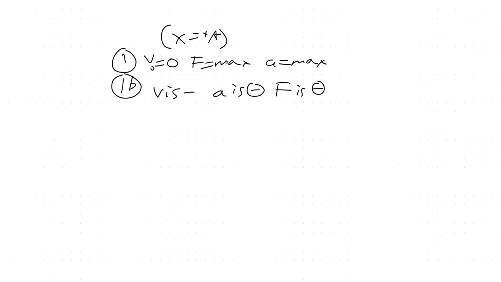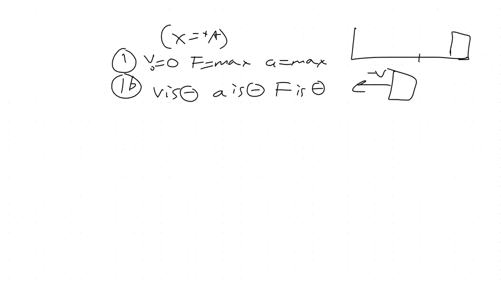We have a negative velocity, and this is here, sorry, x is positive A, right? Here we have negative F, but velocity is 0 just for that split second, right? Here at point 1b, which was in the middle, I should have called that point 2 in retrospect, right?